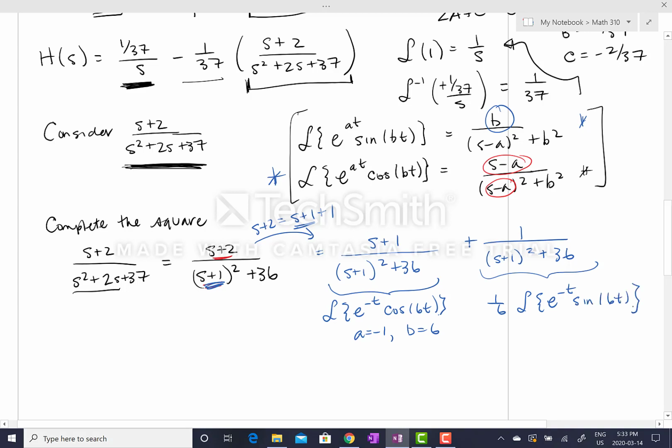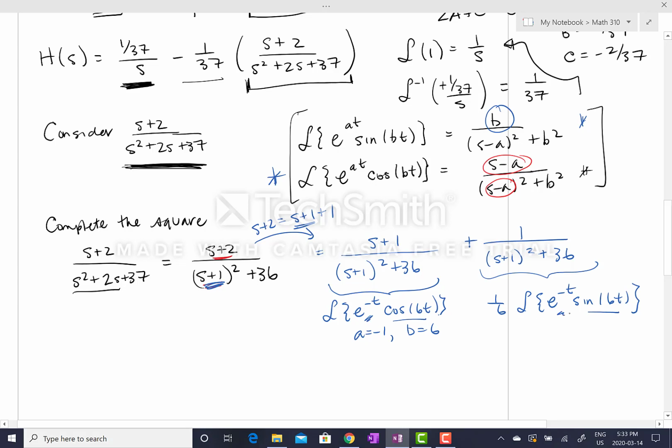You already have a fair bit of experience solving these second order differential equations. So when you see, for example, a cos 6t coming up, you should not be surprised to also see the sine 6t, and also when you see the exponentials here and here.